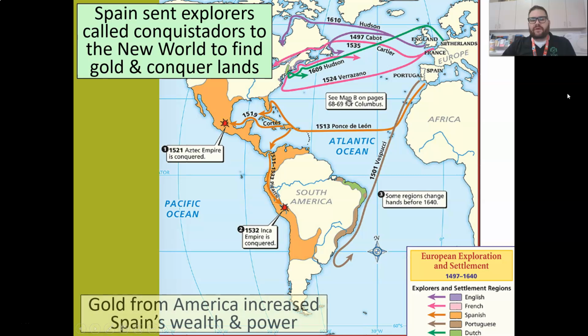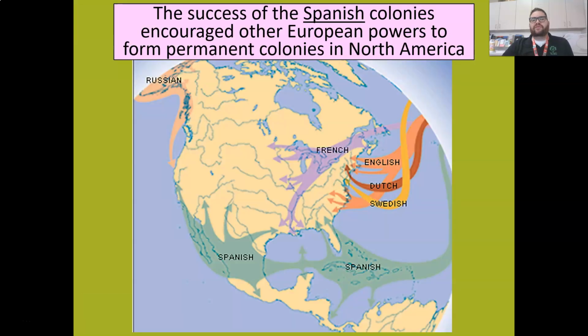And so gold from America increased Spain's wealth and power. Basically, because Spain had more gold, they were able to buy more resources and materials, which then made them appear more powerful. And so this is going to cause a lot of conflict within Europe and throughout the world. So the success of the Spanish colonies encouraged the other European powers to form permanent colonies in North America.